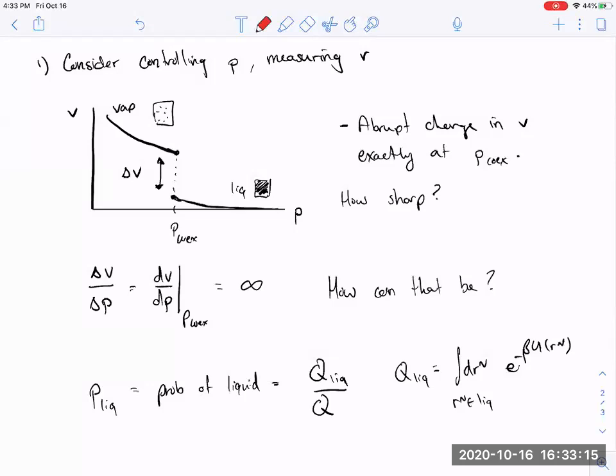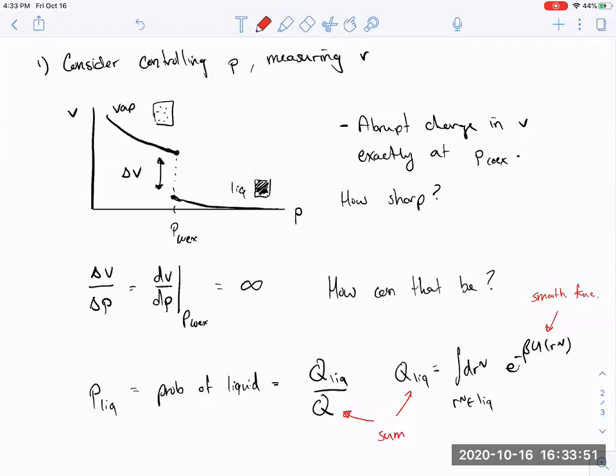Now, this function, Q, as is the total Q, is a sum over microstates. Those exponentials that you sum over are smooth functions. Away from t equals 0, an exponential is a smooth function, infinitely differentiable.